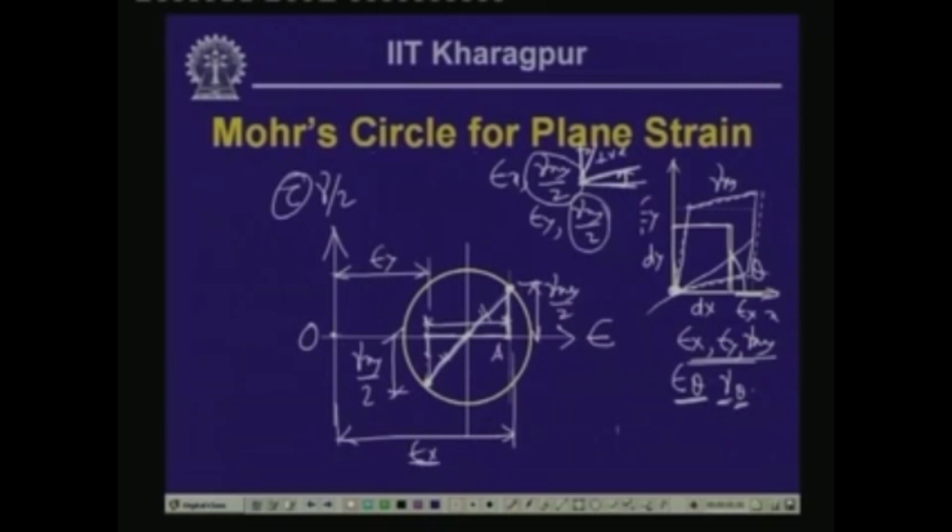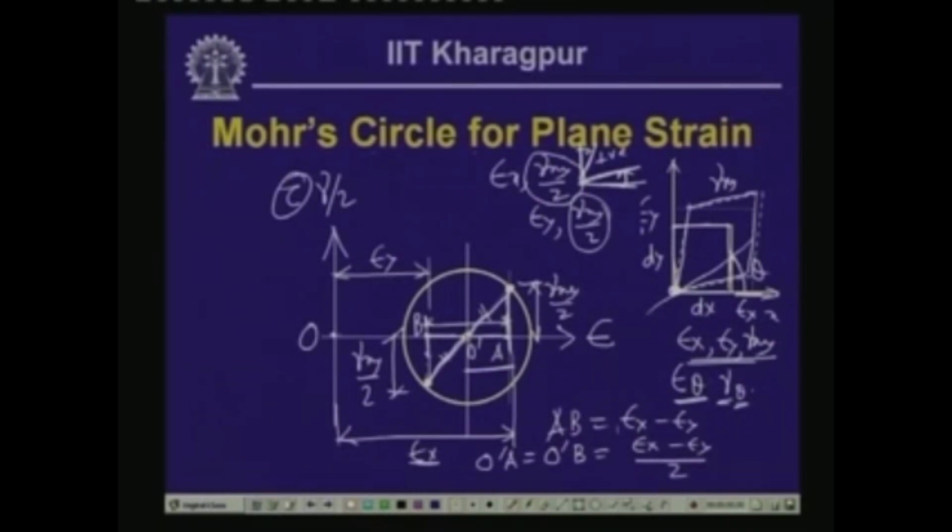From O to B, the distance is epsilon y. So, the distance AB is epsilon x minus epsilon y, and if we call the central point O dash, then O dash A equals O dash B equals epsilon x minus epsilon y by 2.